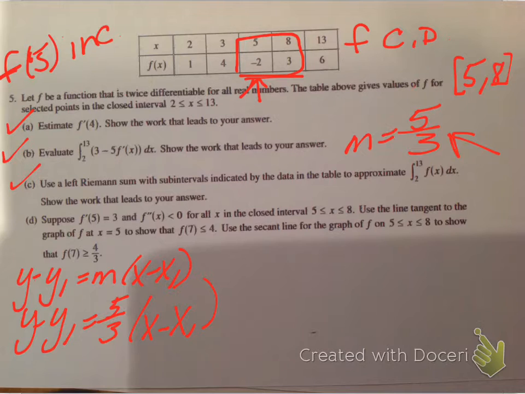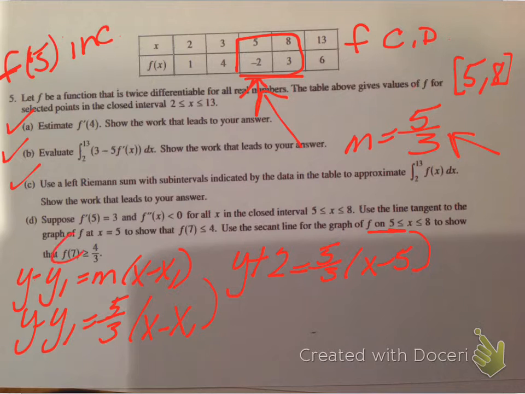Well, it doesn't really matter. You have 2 points. I'm just going to choose 5 because it's smaller, and if I have to do this by hand, it's just going to be an easier number to work with. So when x is 5, I know that from up here, y is negative 2. So I'm going to get y minus minus, which is plus, equals m x minus 5. So this is the equation of the secant line.